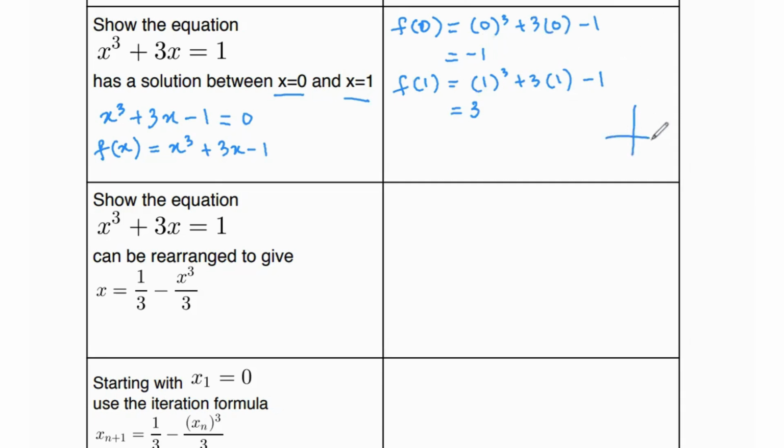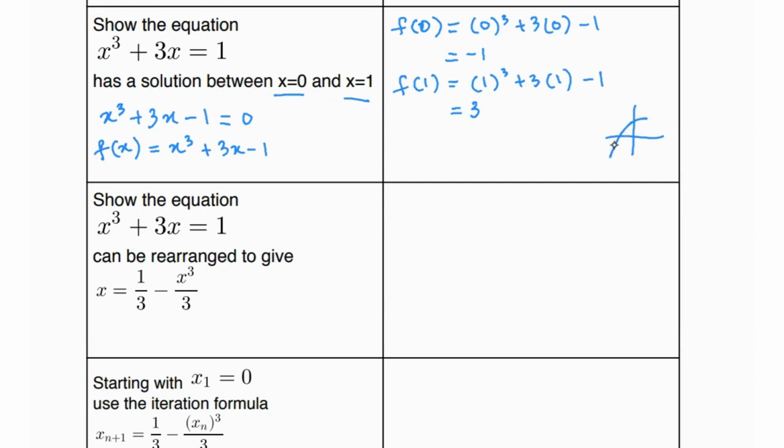Why? Because your graph is basically crossing the axis, from positive to negative, or from negative to positive. So the change in sign shows that a solution exists here, because between these two values your graph is crossing the axis.